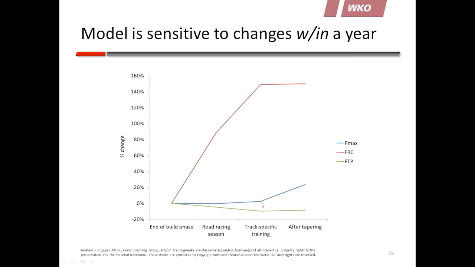And sure enough, when she tapers, there's a 20% jump up in her maximal power, presumably created with all of this track-specific training, but then was also being obscured or hidden by the residual fatigue she was carrying. And it was only when she tapered for a couple of weeks that she was actually able to express that improvement in maximal power.